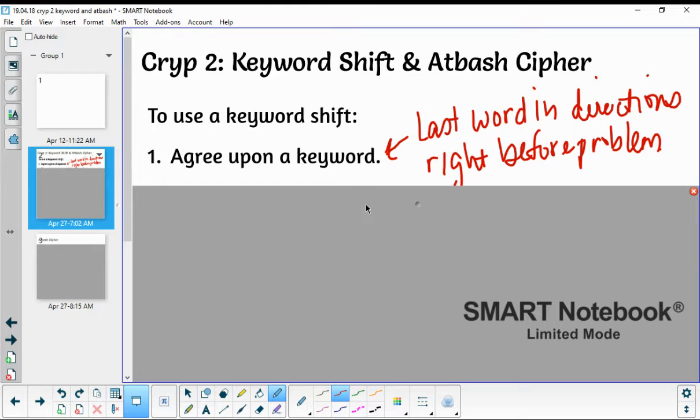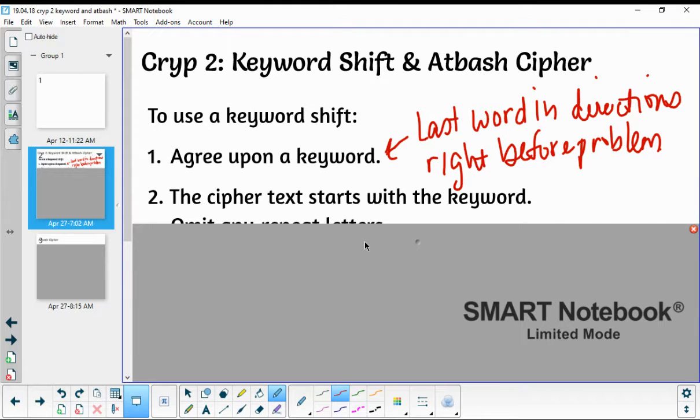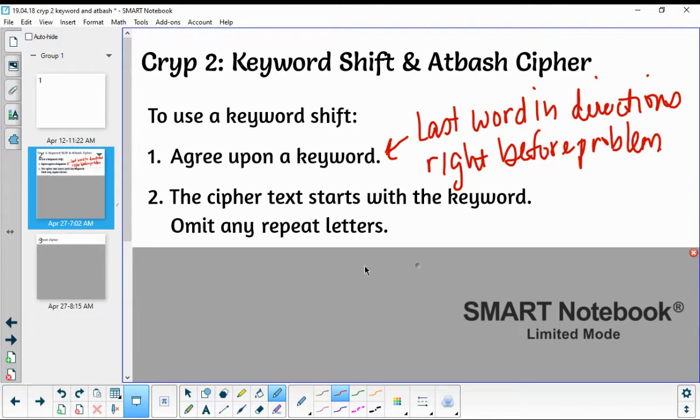After you agree upon the keyword, your cipher text, remember, goes right below your plain text. So you're going to have the plain alphabet written out, and right underneath A, B, C, D in your plain text, you're going to write your keyword.